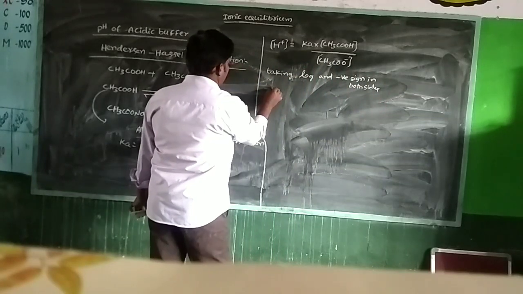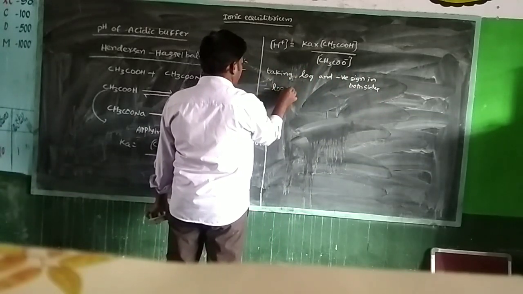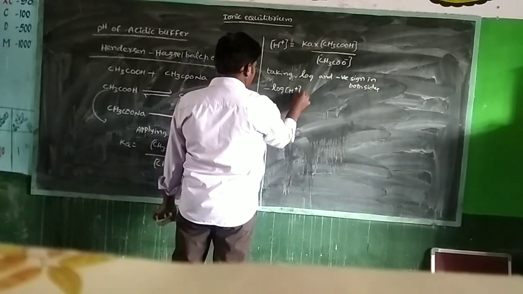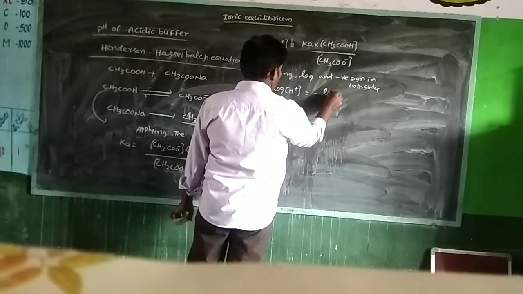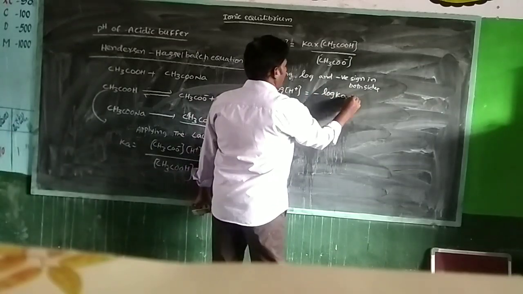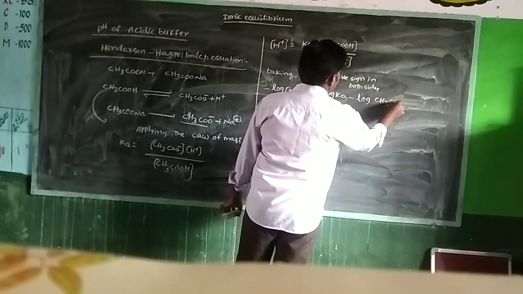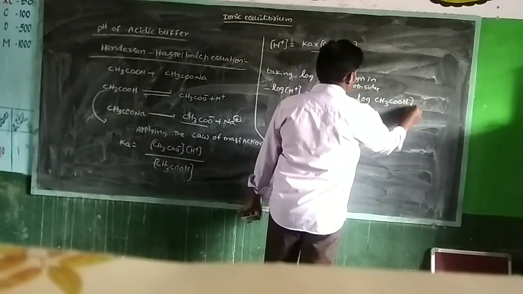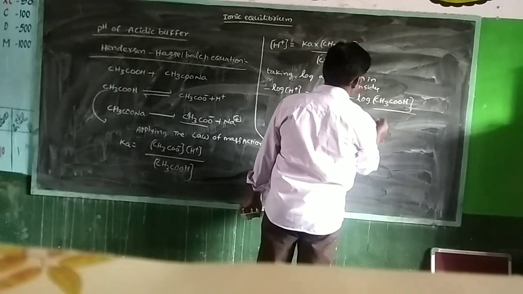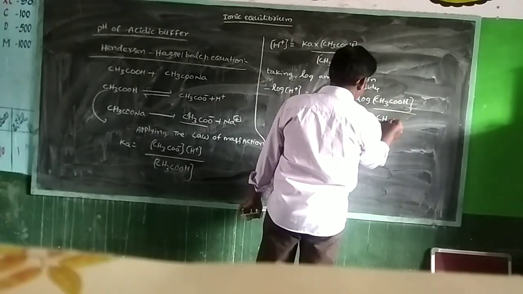Then write minus log H plus concentration is equal to minus log Ka minus log CH3COOH upon CH3COO minus.